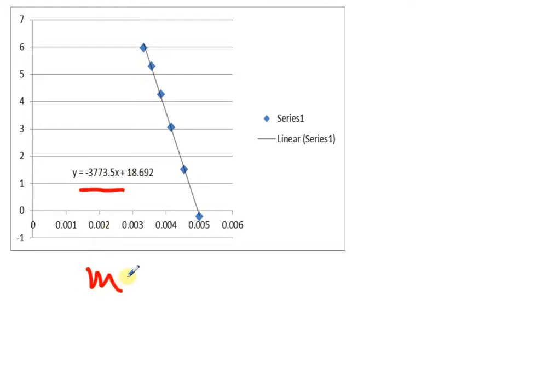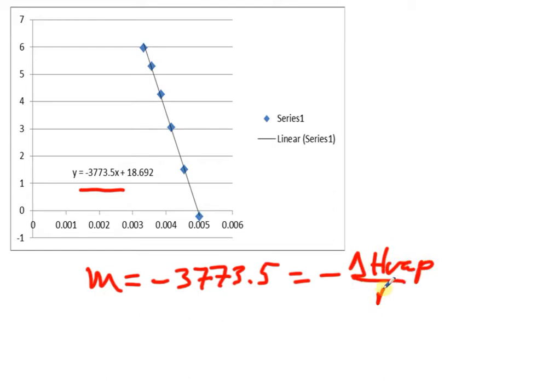So now I know that the slope, negative 3733.5, is equal to the negative of the delta H of vaporization divided by R. If we put in the numbers for R and multiply, we get the delta H of vaporization. We have a negative here and a negative here, so those two negatives cancel out.